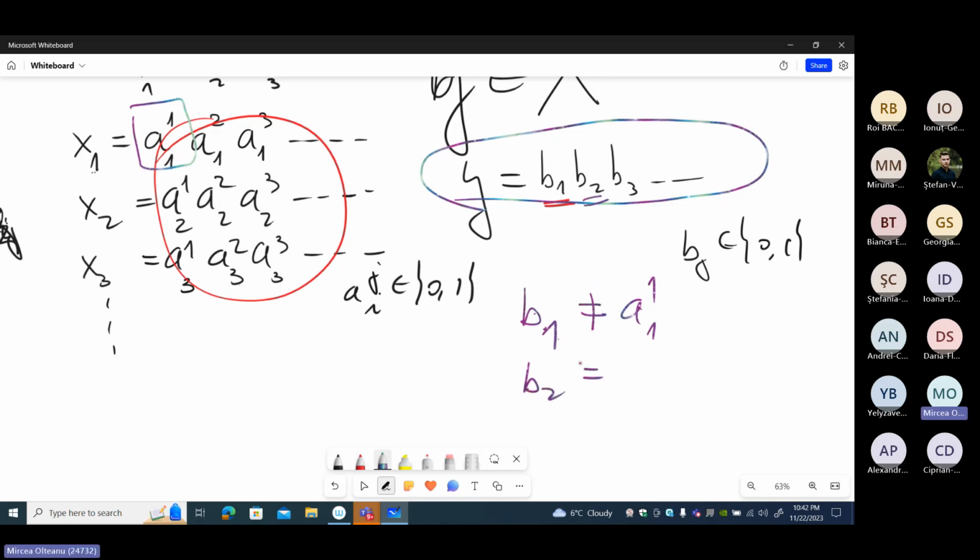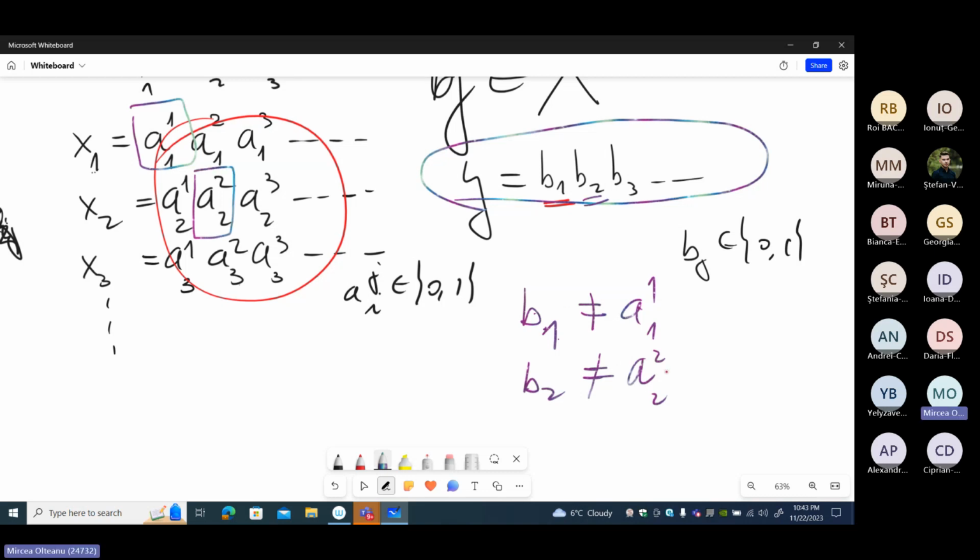Now, please tell me. You got the idea, I'm sure. A22 is on the diagonal, so it's going to be A22. So B2 must be different from A22, from this one. Is it possible?